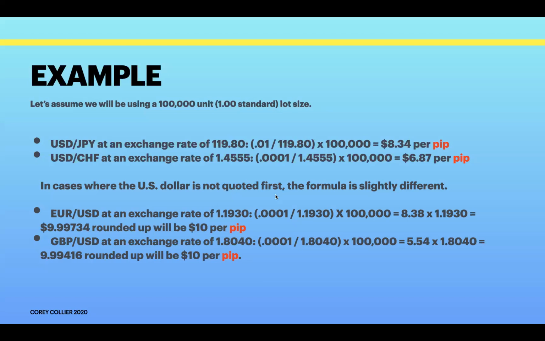More times than not, what I have you guys risk is a risk to reward ratio of a minimum of 2 to 1. So if you're only risking 15 pips to catch 30, let's do that real quick. 15 times 8.34. So you're risking $125 to basically make a minimum of 250.